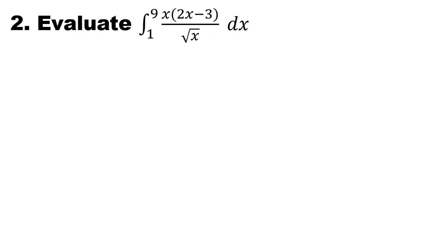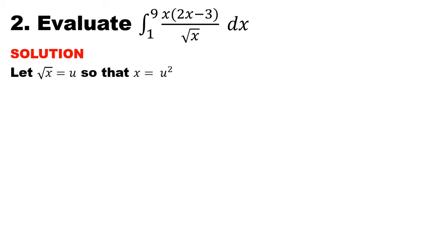So here in our question number 2, we have to evaluate a definite integral. This is how it's done. We start by looking at root x. I wanted to give it another variable, so I say let root x be u.